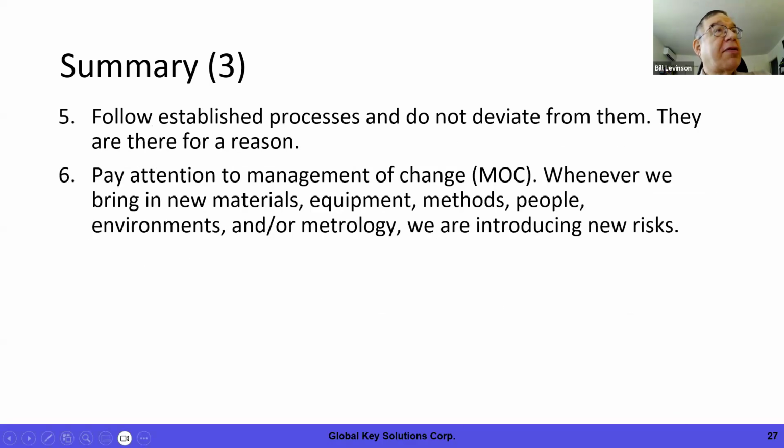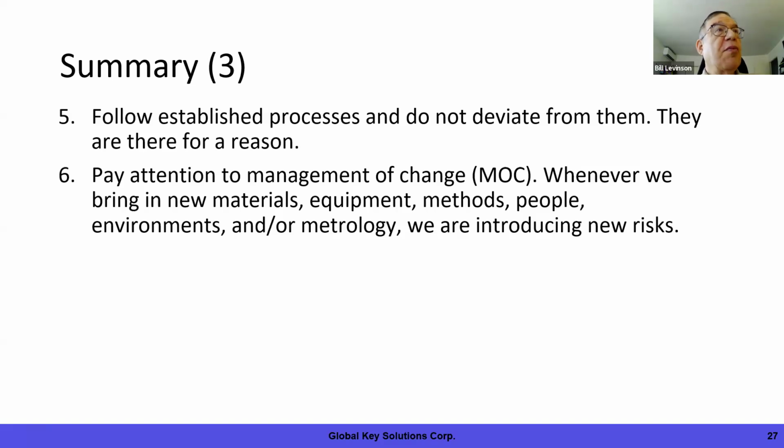Follow established processes and do not deviate from them. I think the warning letter I looked at said that they deviated from the process. Those processes are there for a reason. And the next item, management of change, is among the reason.